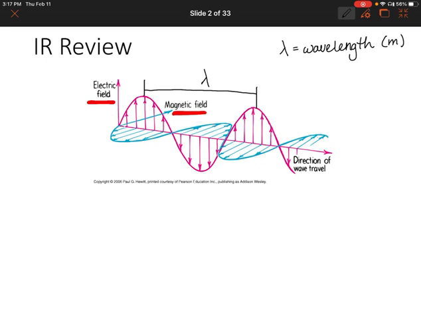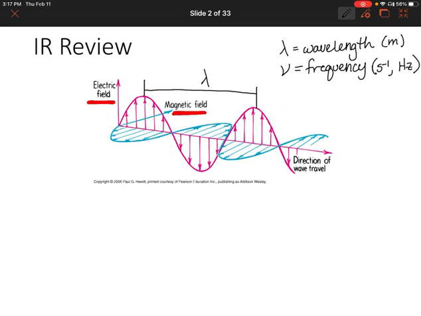We can also measure the frequency, which is given the symbol nu. And the frequency tells us how many waves pass through a certain point over a given amount of time. So this is usually given the unit inverse seconds or hertz, Hz. All right, so how are frequency and wavelength related?